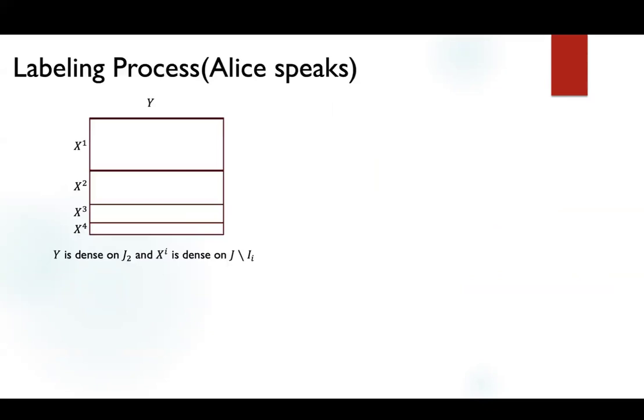Next, we focus on number 3. This is the labeling process when Alice speaks. So first, we start with the density. After the density restricting partition, we start with X1, X2, X4, and Y. So we do the labeling.